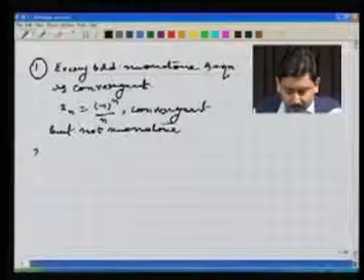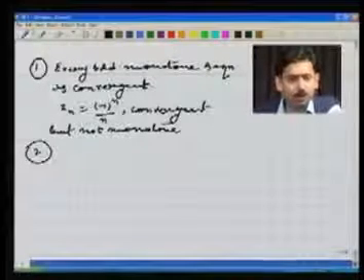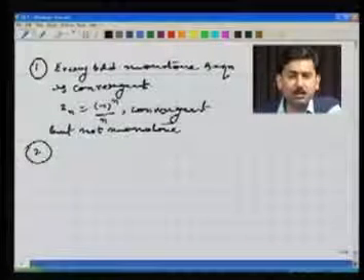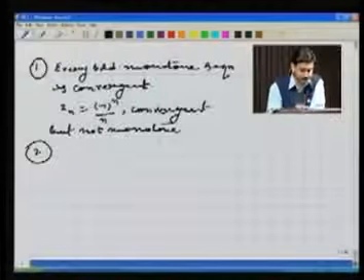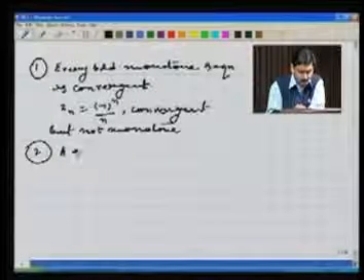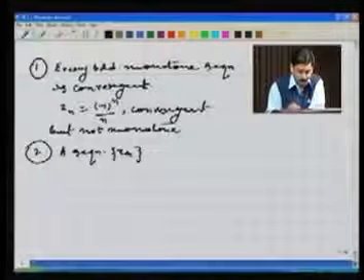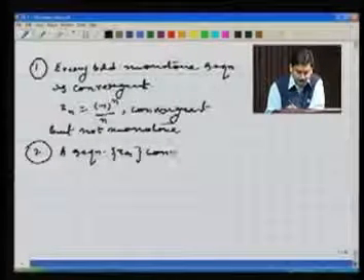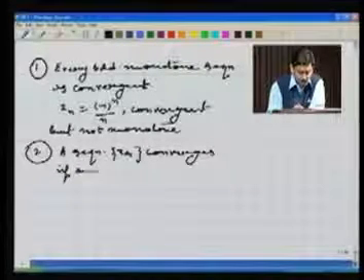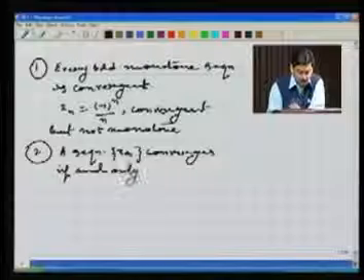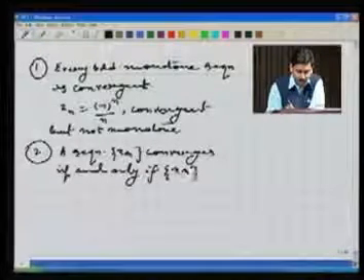The second is the most fundamental one, which we have proved already: a sequence converges if and only if it is a Cauchy sequence.